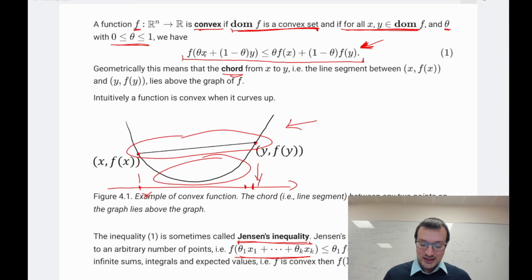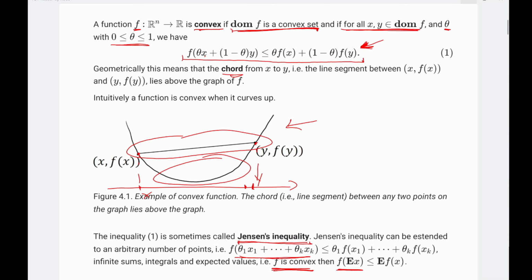It can be extended to integrals, to expected values. In fact, one of the most general forms of Jensen's inequality is the one involving expectations. A function f on some probability space is convex if the function evaluated at the expectation of x is less than or equal to the expectation of the function evaluated at x.